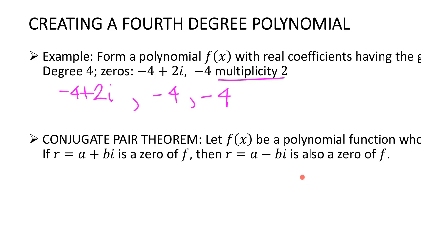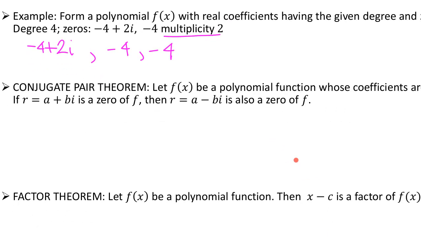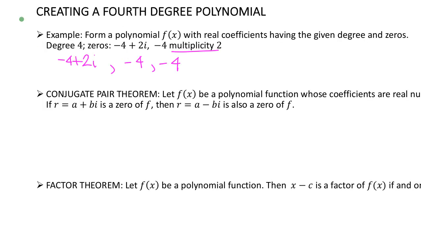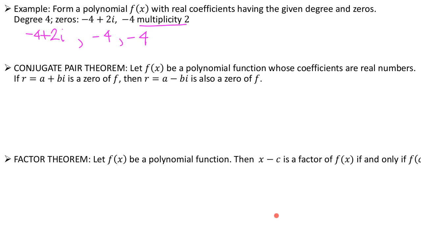To find our fourth, we are going to use the conjugate pair theorem that's listed right here. And it says, let f of x be a polynomial function whose coefficients are real numbers. If r equal to a plus bi is a zero of that function, then r equal to a minus bi is also a zero.